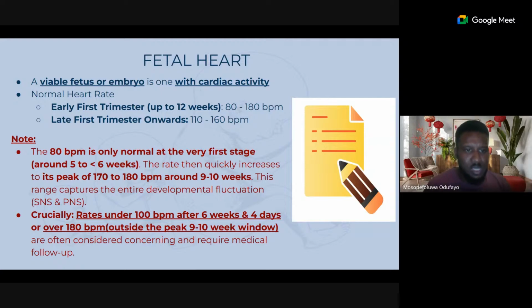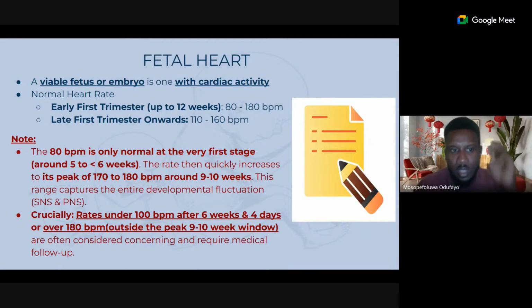However, as more development takes place, stabilization occurs, and then we arrive at the regular rate we know. So when we see a rate under 100 beats per minute, usually after about 6 weeks and 4 days, or over 180, after that 9-week, 10-week, 11 weeks, sometimes up to 12 weeks window, what we do is to just consider this situation as, take note of my words, concerning.